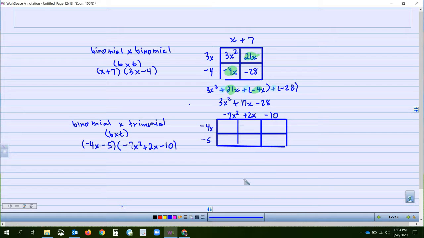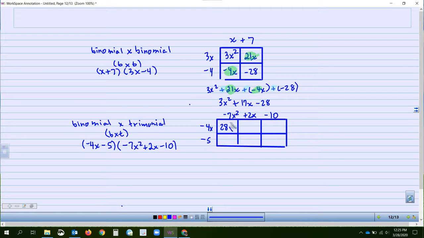All right, are you ready? Here we go. We are going to first multiply negative 4x times negative 7x squared plus 2x minus 10, which, by the way, is simply distributing this over this. It's actually just the rectangle method, showing the distributive property in terms of a rectangle. Negative 7 times negative 4 is positive 28.